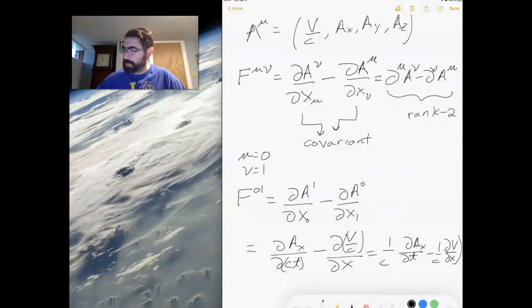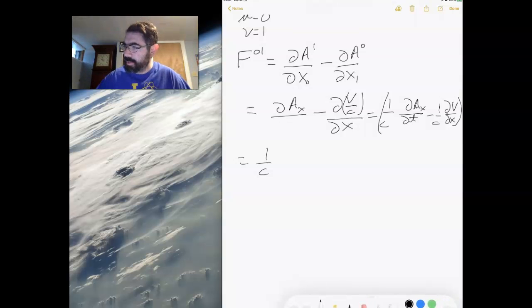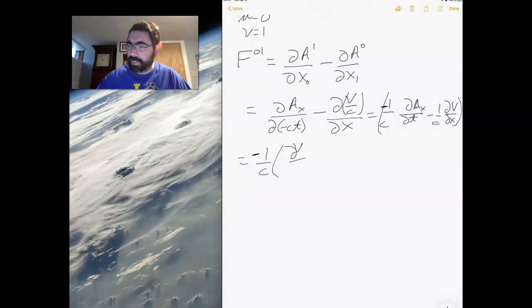Let me get my parentheses written correctly. Okay, so I factor out the 1 over c, and oh, I'm sorry, this is a minus. I thought I missed a minus sign. This is minus ct, which gives us a minus sign here, which means I can factor out a minus 1 over c, and I get dV/dx plus dAx/dt.